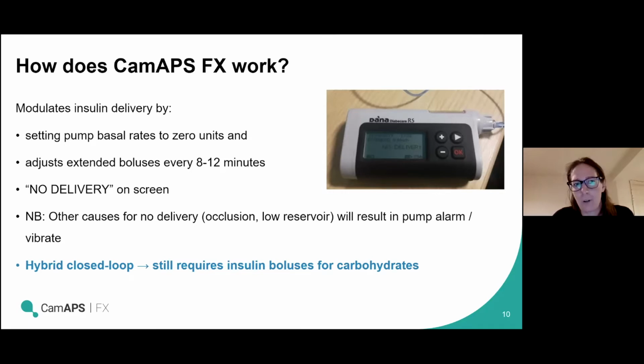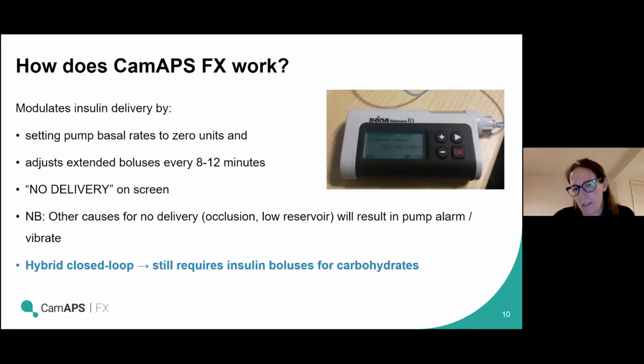The way it modulates insulin delivery is it sets the pump basal rates to 0 and then adjusts a new extended bolus every 8 to 12 minutes in a glucose responsive fashion. What this does mean is that on the pump itself, it flashes up as no delivery. You can see that on the image here, and just above that, you'll see the extended bolus that's being given.